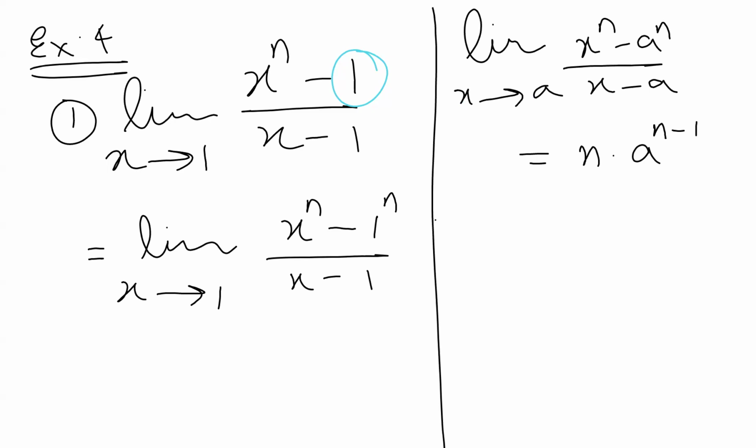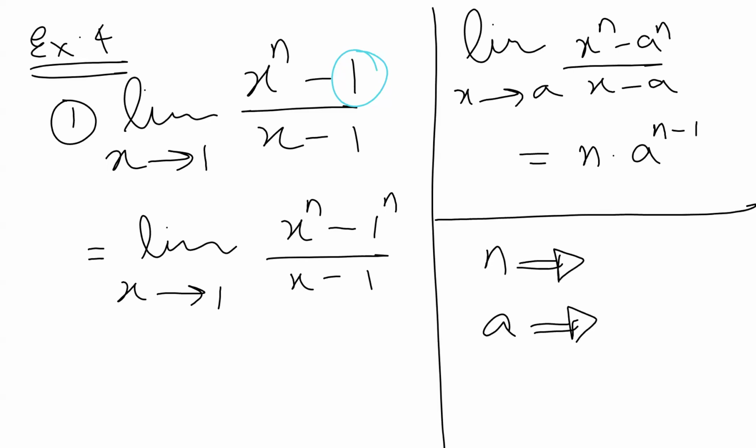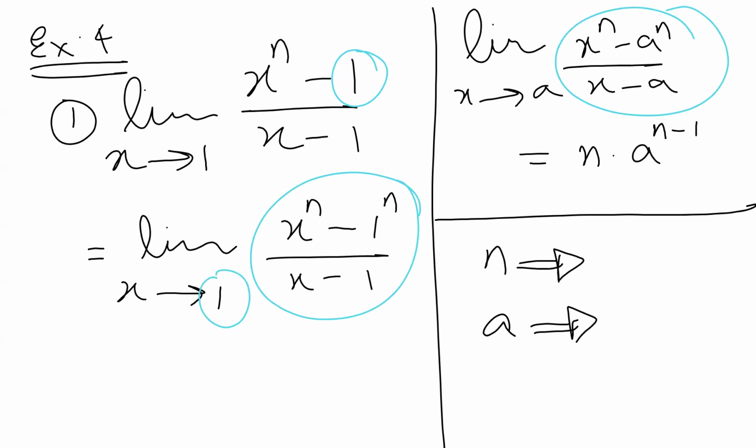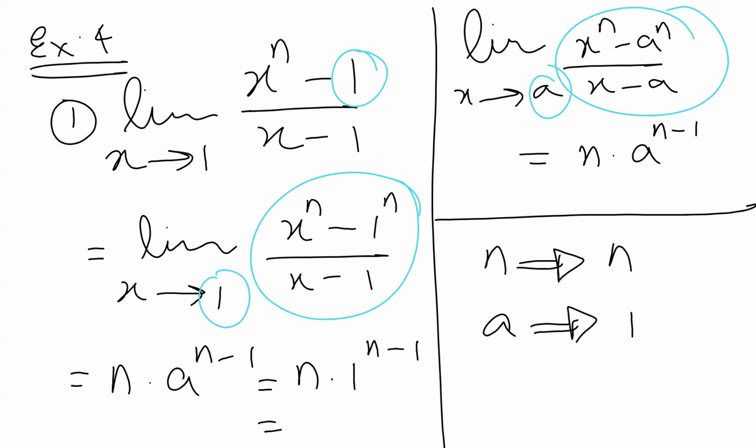So tell me what is n and what is a. Compare the given question with this formula. Sir, n is n and a is 1. So n into a raised to n minus 1 is n into 1 raised to n minus 1. Now what is 1 raised to n minus 1? It is 1.